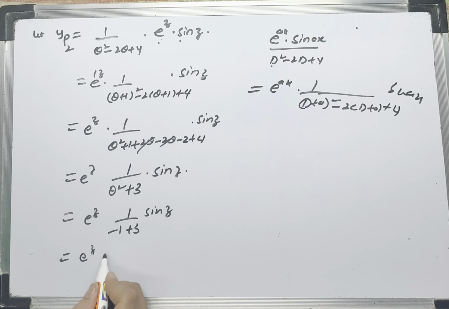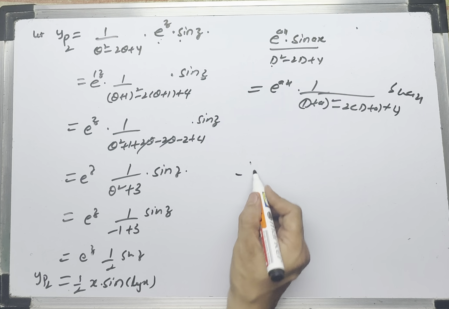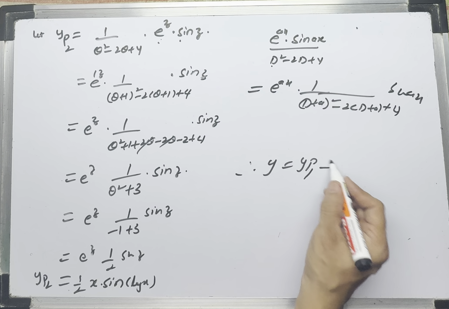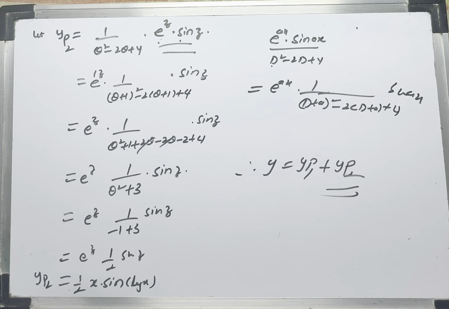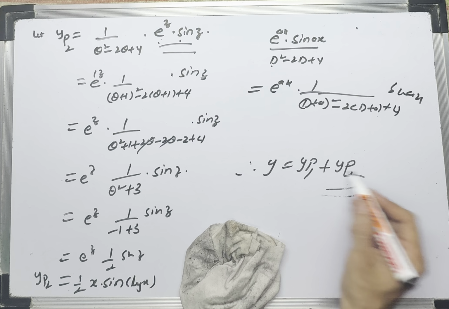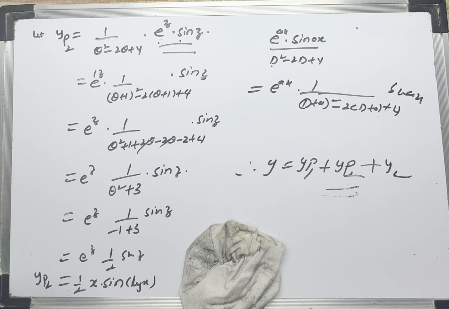E power z 1 by 2 sin z. So 1 by 2 e power z is x, sin z is log x. This is yp2. So the answer is y equals yp1 plus yp2. This is fourth type of unit 3. yc plus yp1 plus yp2.